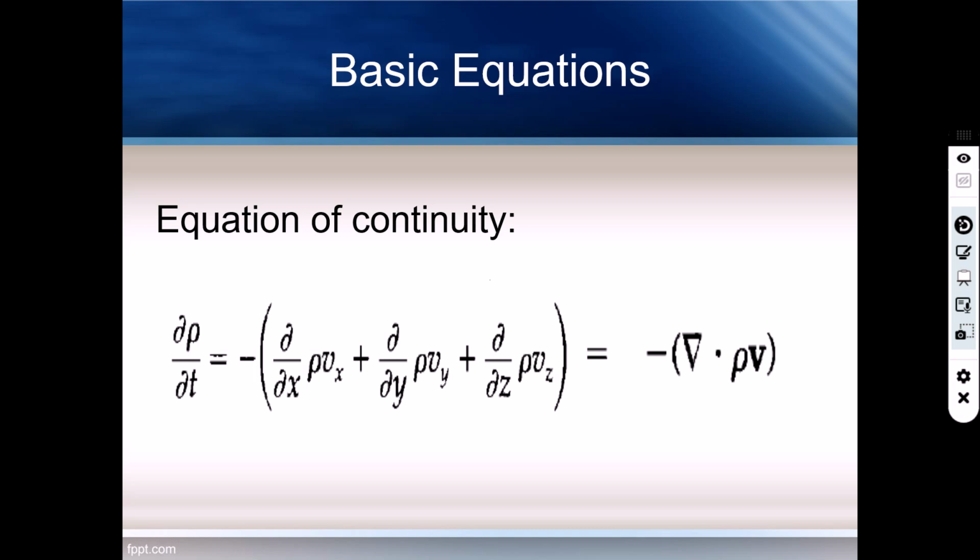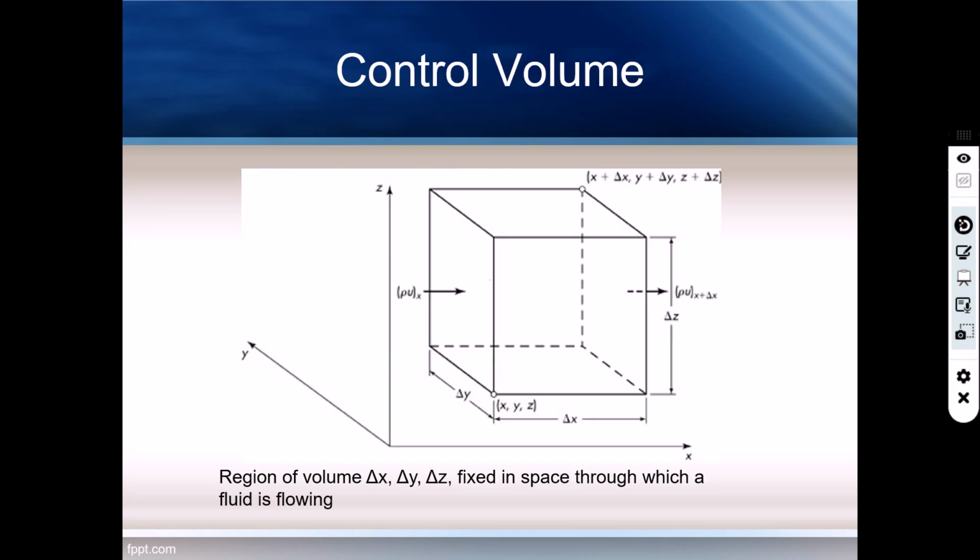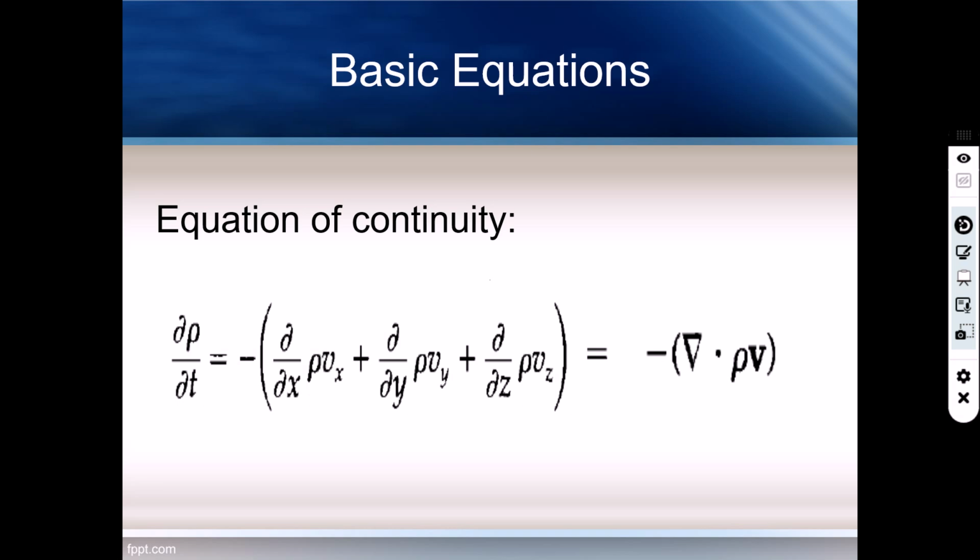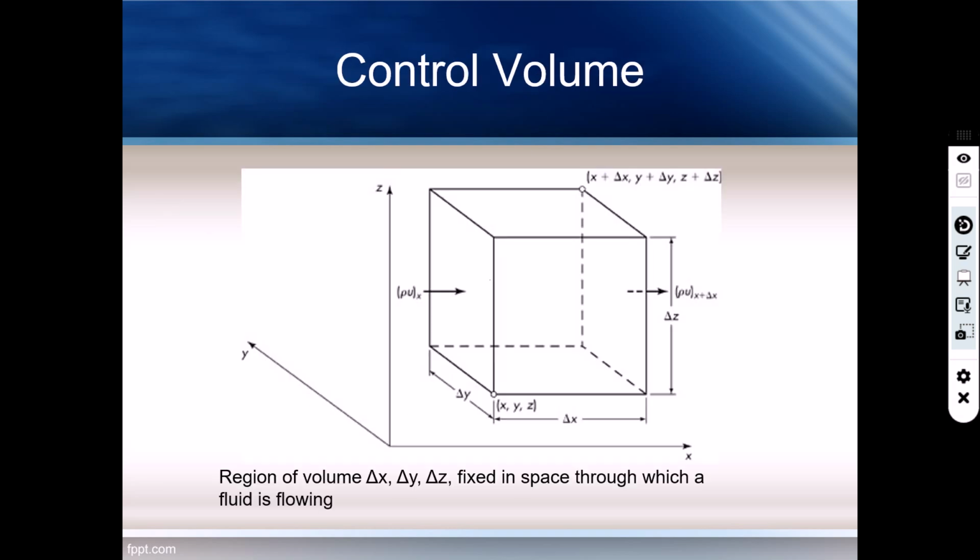Let me say again because it's kind of important for you guys. In the final exam, we will have one question about how to derive the equation of continuity, and we will not give you the equation. We will give you the control volume. Once you get a control volume, you try to derive the equation of continuity by control volume.